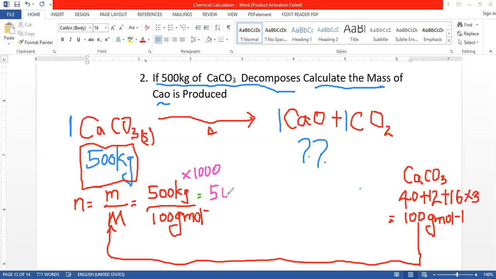So 500 into 1000, which is in gram, over 100 g mol^-1.